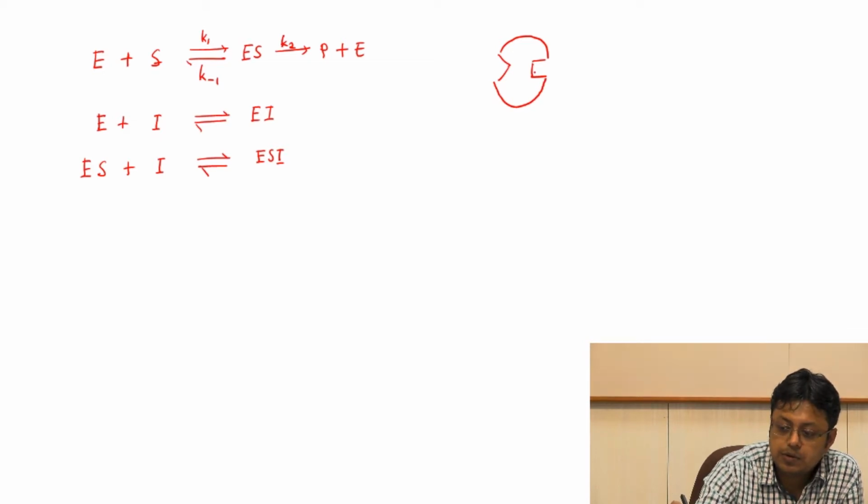A substrate can bind to it, which is fine, and so this will give my enzyme substrate complex, which is something like this, and the inhibitor can actually bind here on this other pocket, which means if I draw it again, suppose this is the shape of the inhibitor, which can now bind here and give the enzyme inhibitor complex.